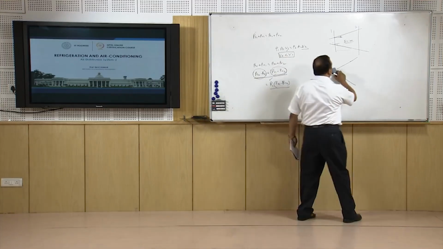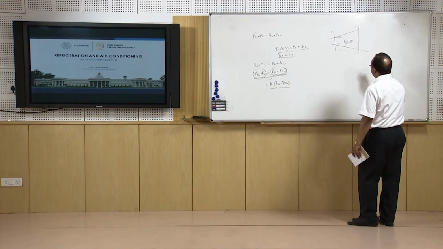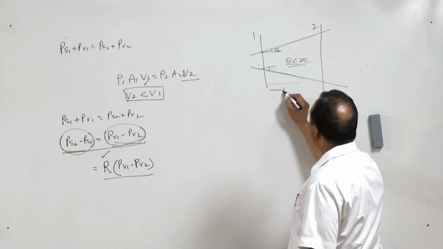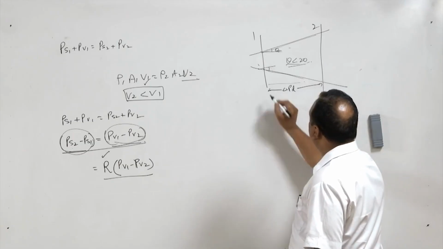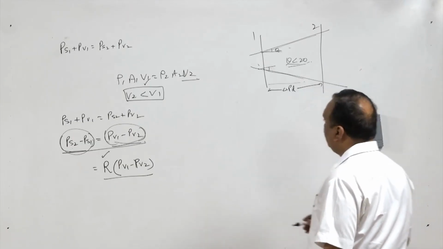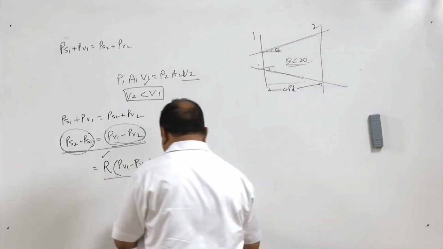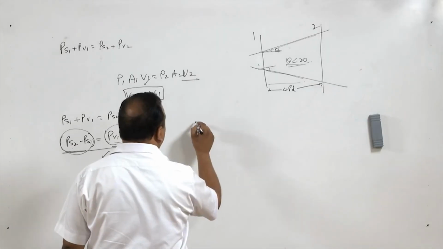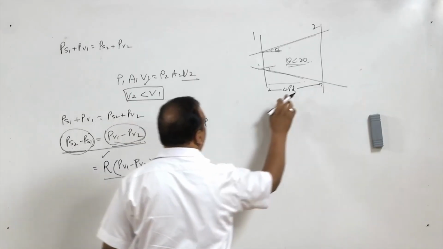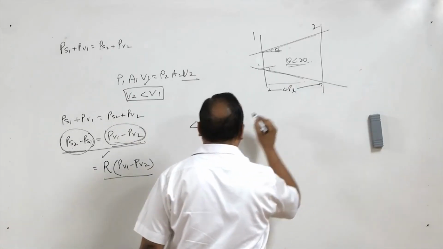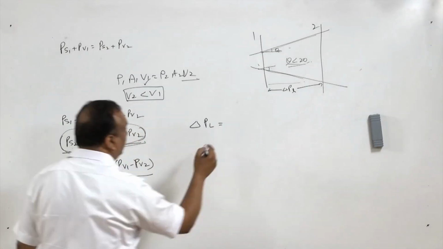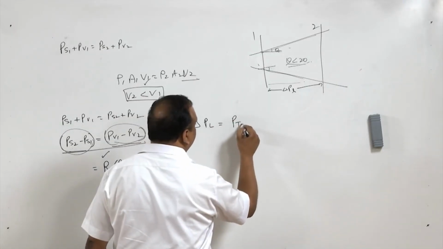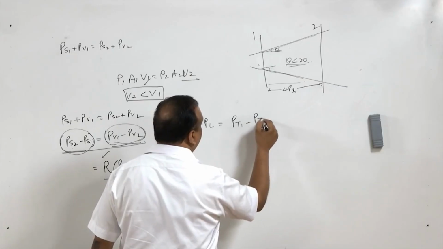Further, in a duct flow there is friction loss. If you take friction losses into account, then delta P along the length L, delta PL, is equal to the total pressure at 1 minus the total pressure at 2.